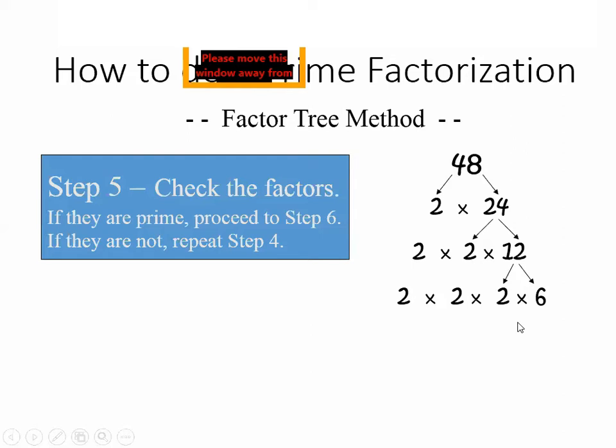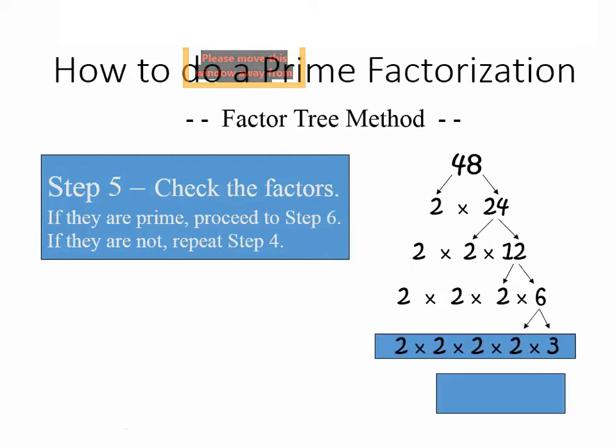We have 6, which is also a composite number, so we can divide it again by 2. Then we have 2 multiplied by 2 multiplied by 2 multiplied by 2. Don't focus on this one; first focus on this one.